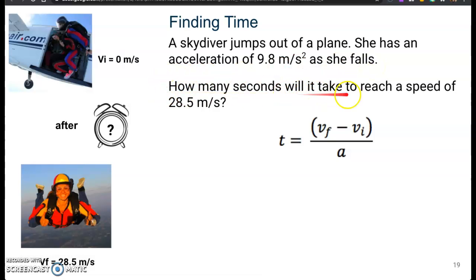How many seconds will it take to reach a speed of 28.5 meters per second? So we're looking for time. I'm going to rearrange the equation for you so you don't have to. So time equals, again, the change in velocity, but this time it's going to be divided by acceleration. So take some time and pause the video to try it yourself.